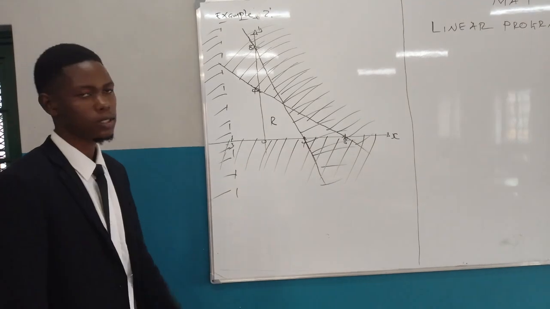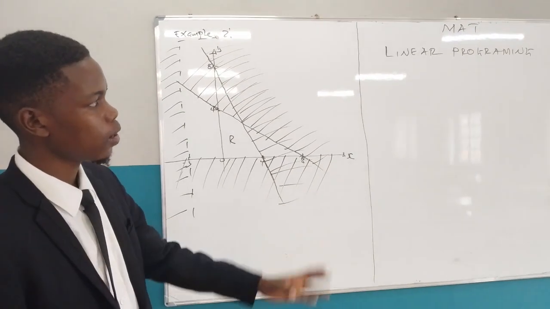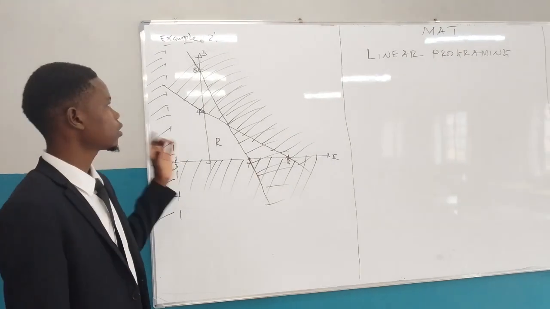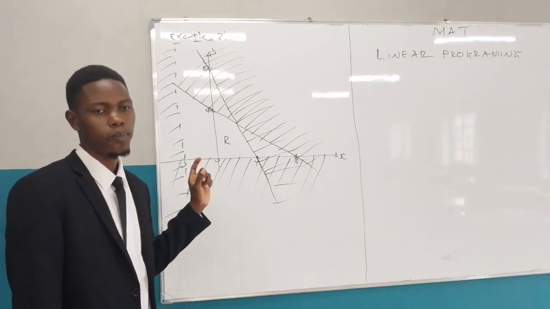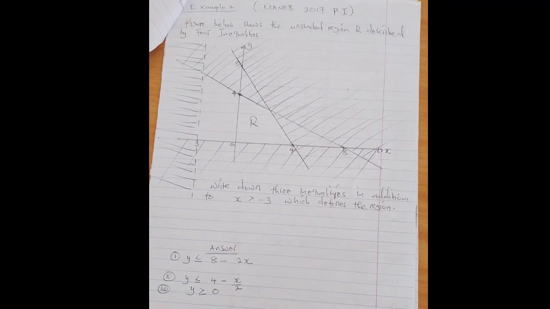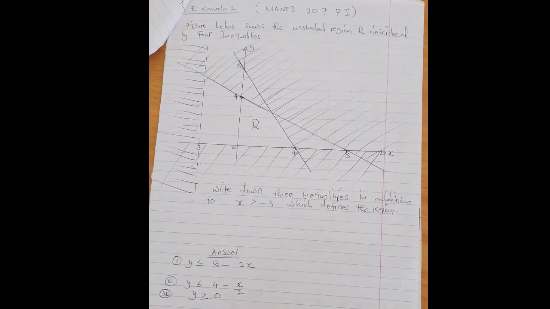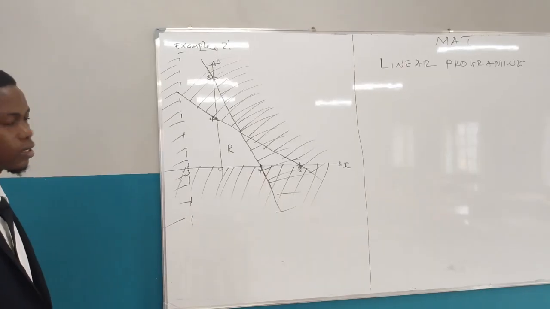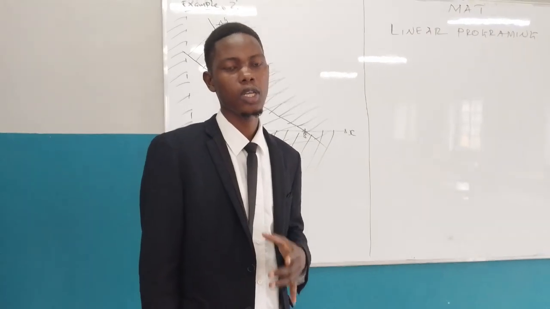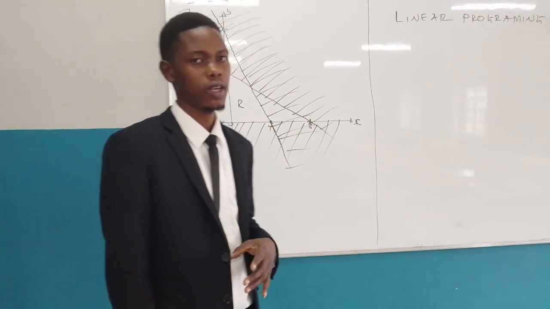Let's take a look at the second example. We had our first example, and let's go to the second example. This is also a question from 2017. It asks us to find the other three inequalities because they have given us one.